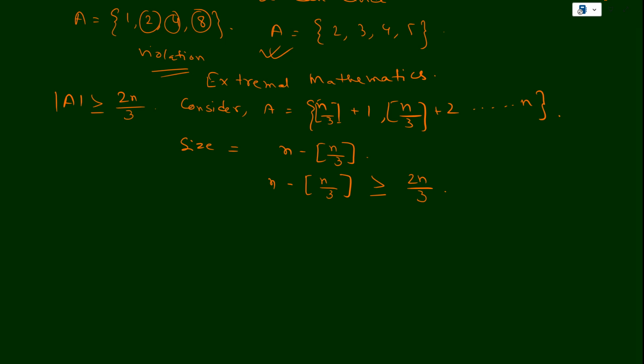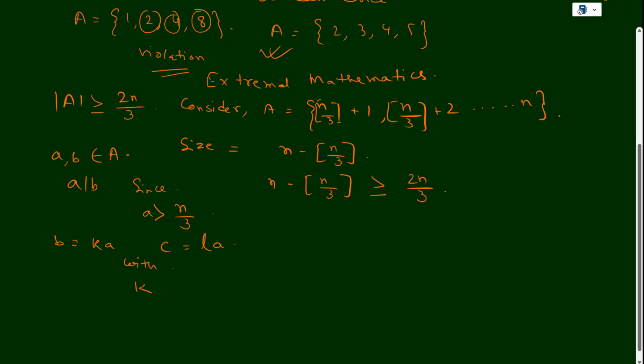Now suppose a and b belong to A and a divides b. Now since a is greater than n by 3, if a divided two distinct numbers, say b equal to k into a and c equal to l into a, with k less than l, then the smallest possibility is what? k equal to 2 and l equal to 3.